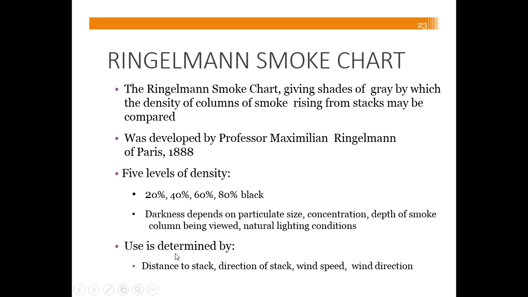How do you use it? You stand at a distance from the stack. Make sure the direction of the stack, the wind speed and the wind direction allow you to properly view the information visually, because all of these things, wind speed, direction of the wind, and the direction that you're standing from the stack, can affect your ability to view the data.